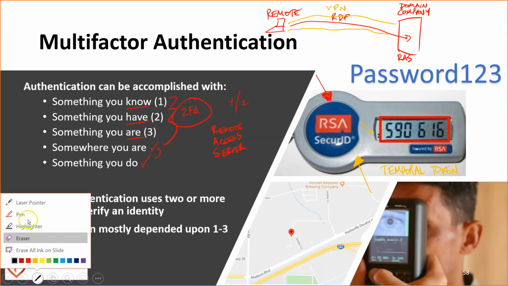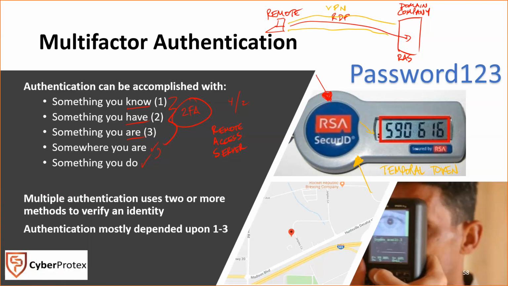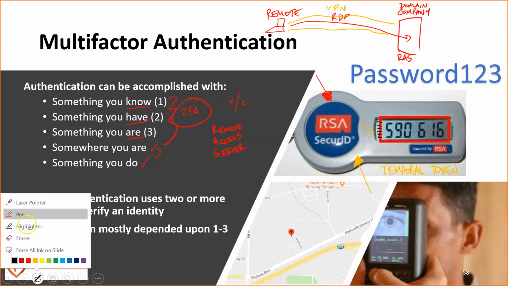Usually what we see with things like this temporal token, like this RSA Secure ID, is that every 60 seconds, so there'll be 6 little ticks on it, it automatically re-provisions this 6-digit code.